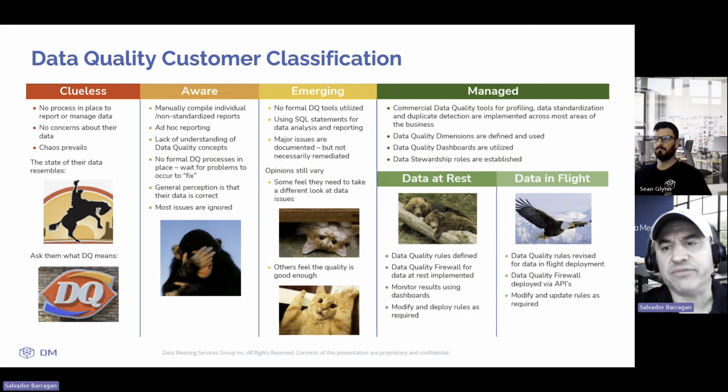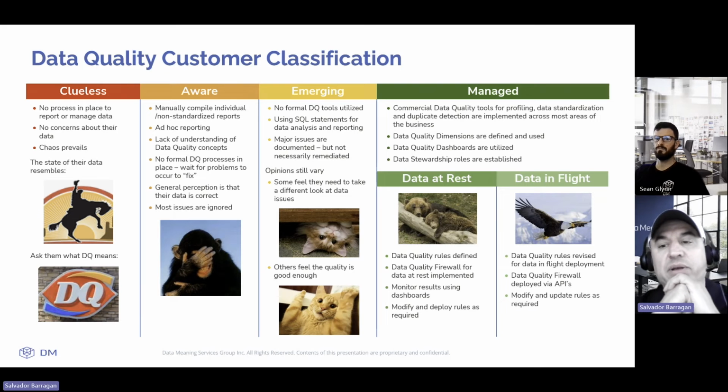The fourth and final area is sort of your managed data. At the managed data level, you really are now addressing data in a very formal and systematic manner. You've probably got some data quality tools that are actually profiling the data. You probably have some dimensions and metrics. You're applying data metric rules to your data after you've profiled. You definitely have your data stewards defined so that they understand and are responsible for certain data sets.